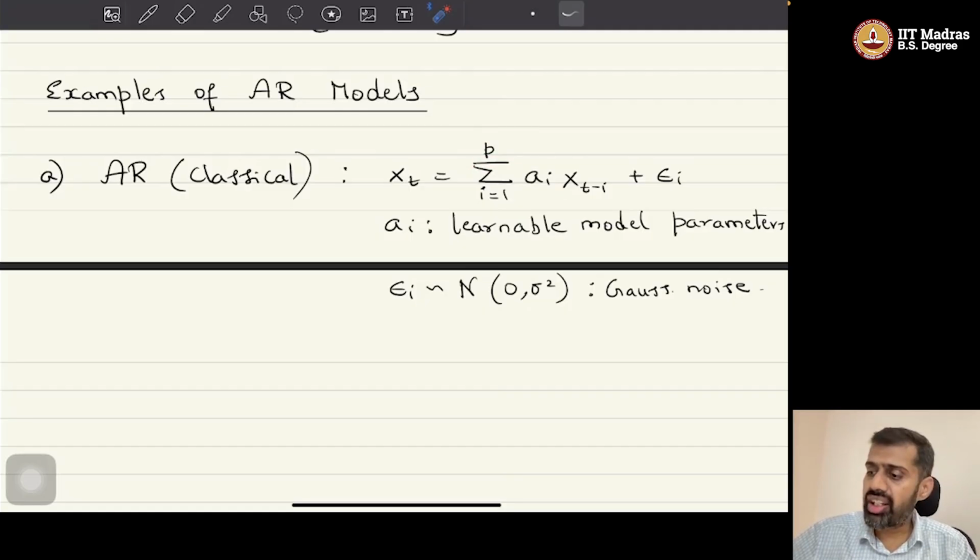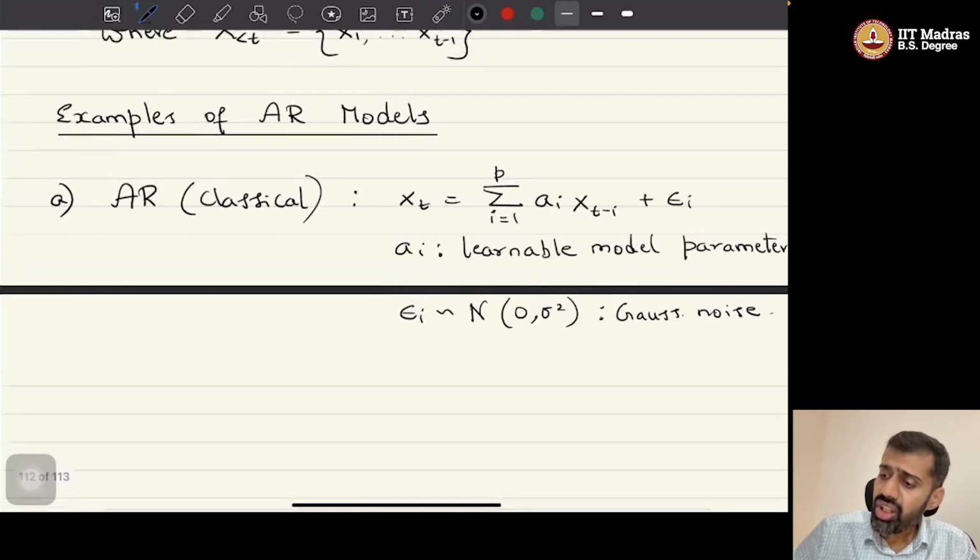Here we assume that data comes from a Gaussian distribution because, as you can see, every data point is assumed to be a linear combination of previous data points plus some noisy perturbation. One can very easily see that the xt here behaves like a Gaussian because it is simply an affine transformation over a Gaussian random variable. So this is the Gaussianity assumption that is made.